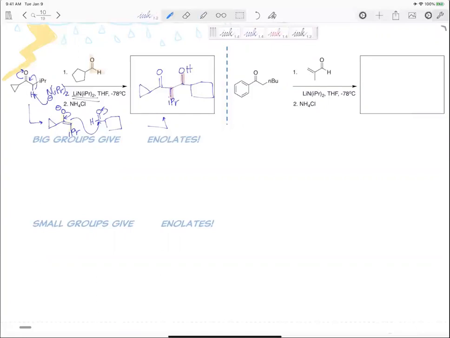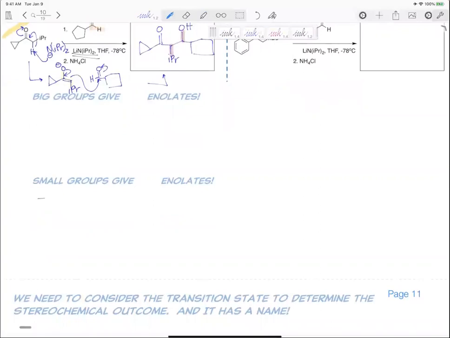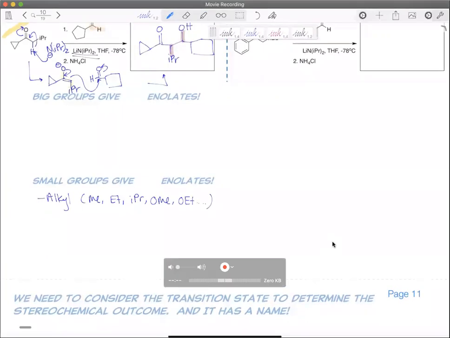If we have a small group, usually alkyl groups, so if you see methyl, ethyl, isopropyl, methoxy, ethoxy, and so on and so forth, these are considered small groups.